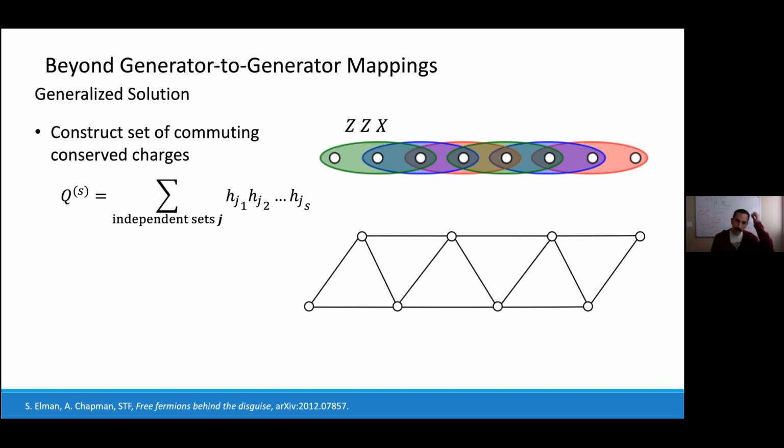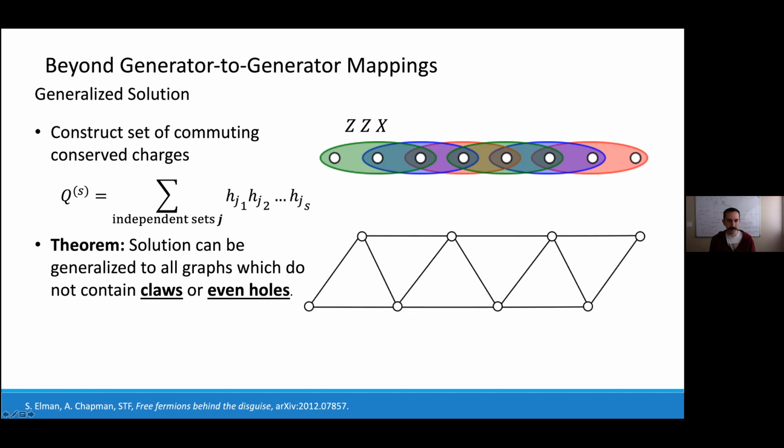So I'm happy to report that in joint work with Sam Ellman and Adrian Chapman, we finally have an understanding of what's going on. So this set of conserved charges should properly be thought of as a product over independent sets of this graph. In the interest of time, let me just say independent sets are basically like disjoint subsets of Hamiltonian terms.